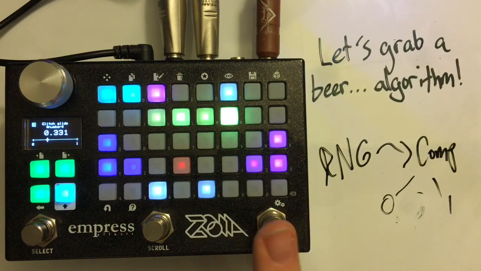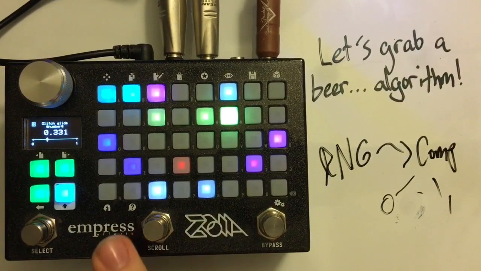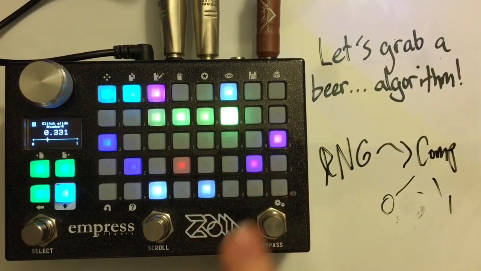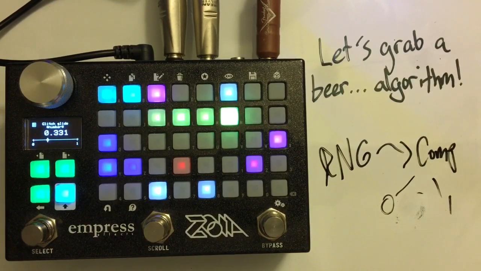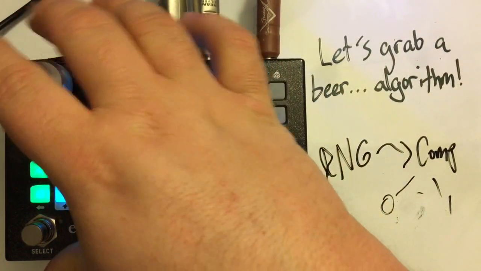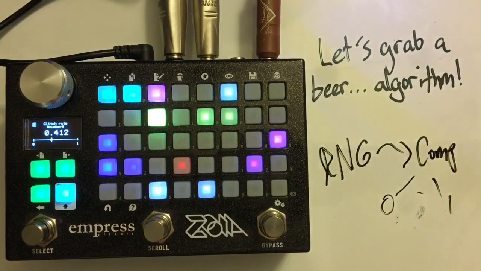So these two stomp switches control whether or not the low pass or high pass network fluctuates its frequency randomly. So now I just have the low pass fluctuating, and every time that it goes through the low pass network, slow this down a little bit more.